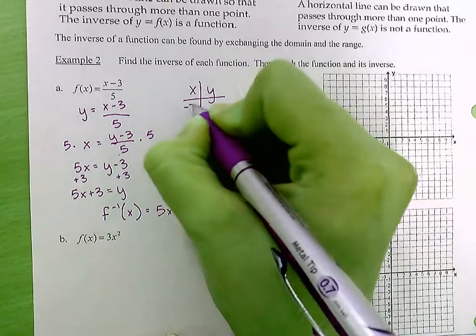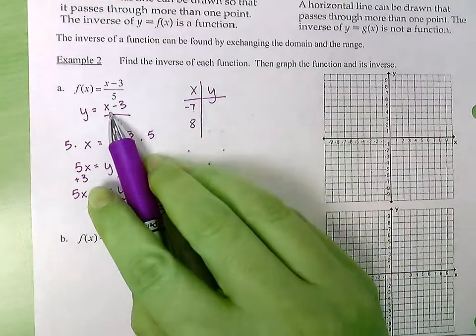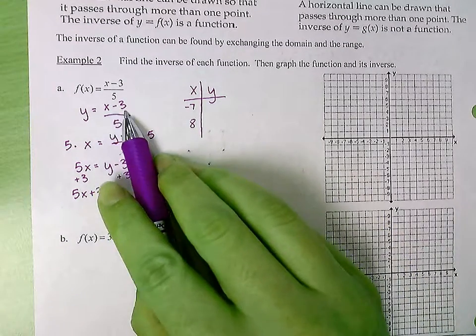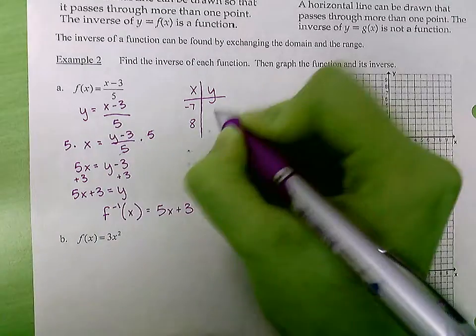So I'm going to use -7 and 8. If I plug in -7 for x, I get -10 over 5, so I get -2.